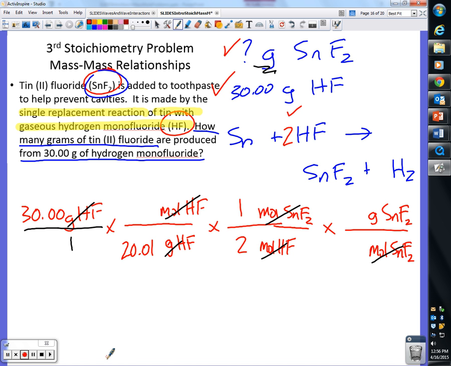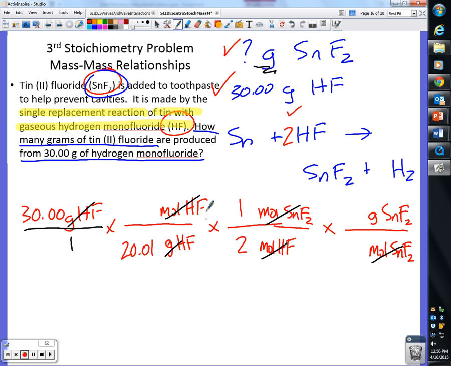All right, and here's the important part. This is the molar mass. That means it is the mass of what? 1 mole. Even though in our balanced equation there was a coefficient of 2 in front of hydrogen fluoride, that only shows up in the mole ratio.